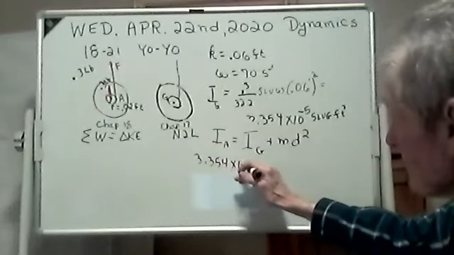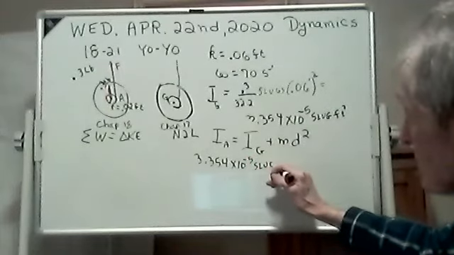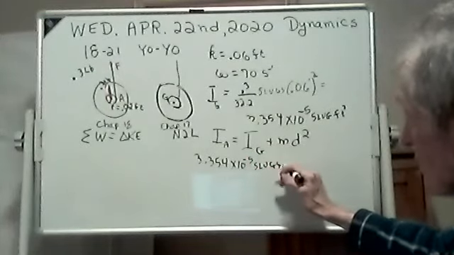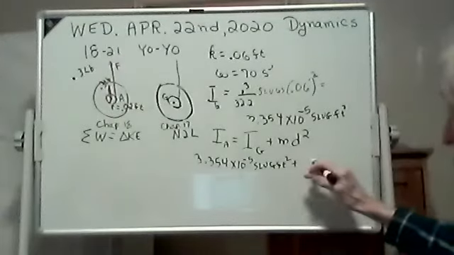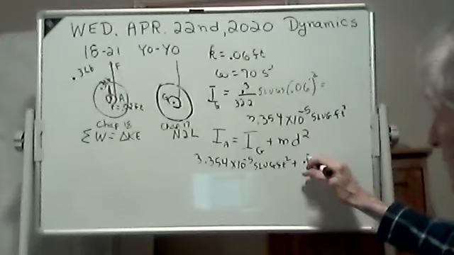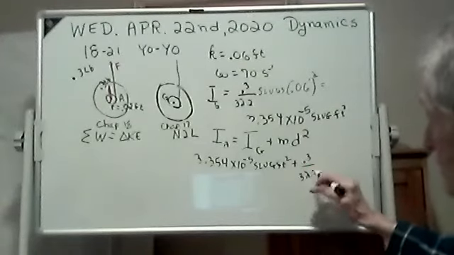3.354 times 10 to the minus 5 slug feet squared plus. Well, you see, you have to put that in slugs again. You got to go 0.3 over 32.2.